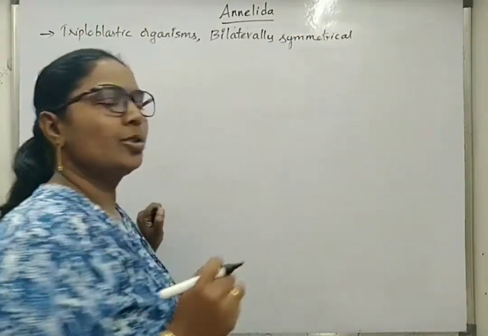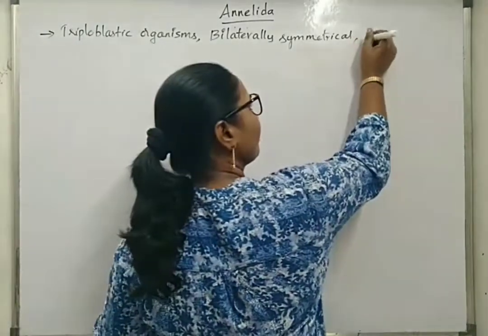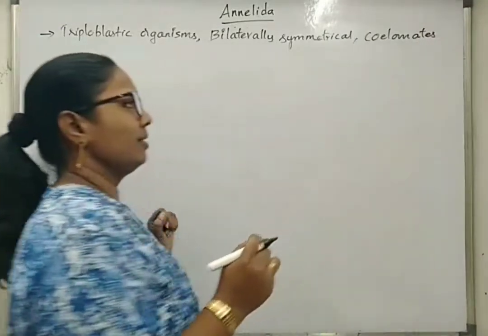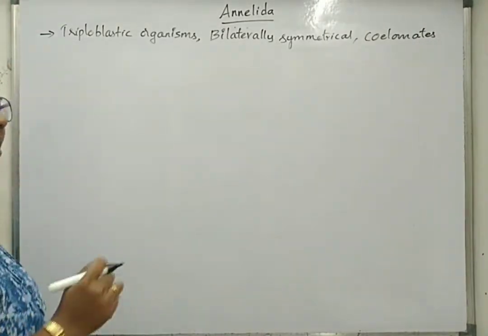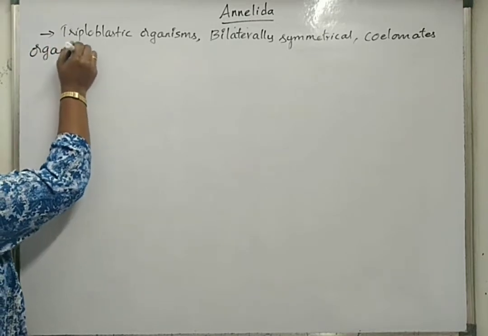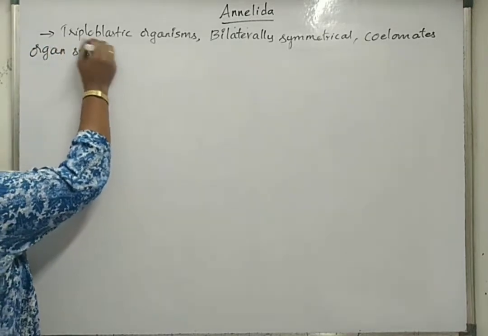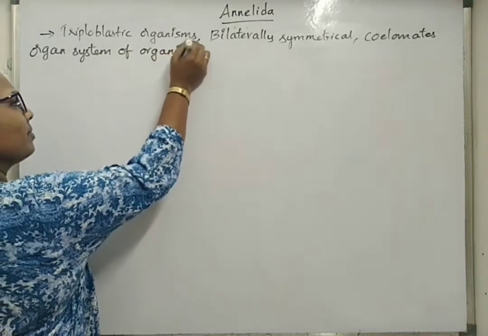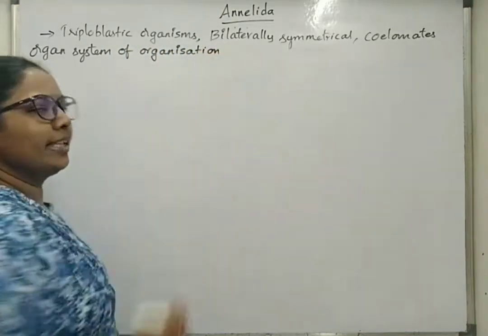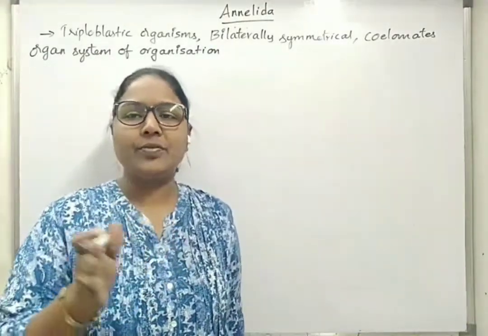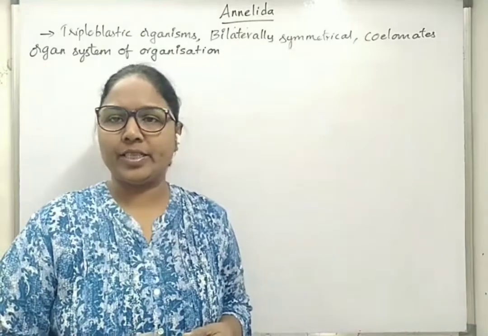Annelids are true coelomates. They have a well-developed organ system level of organization. Their body shows metameric segmentation, which means the body is divided into chamber-like or segment-like structures.